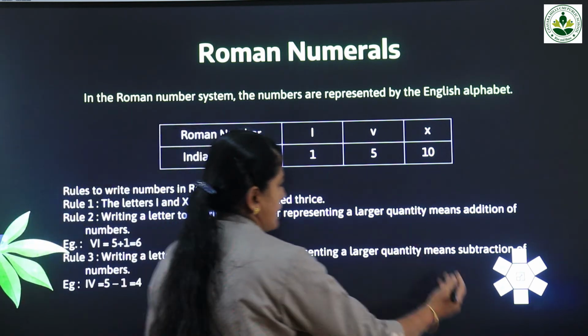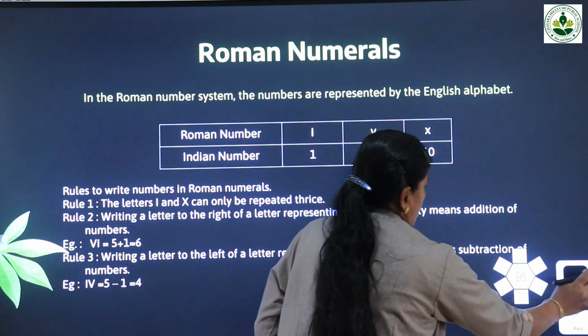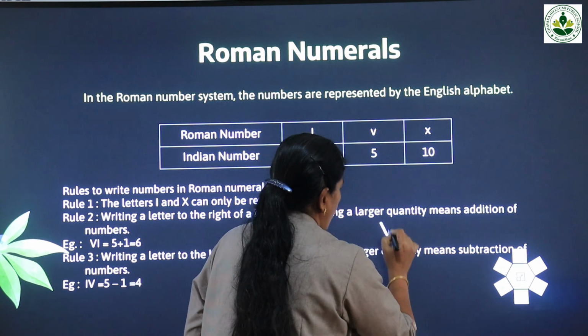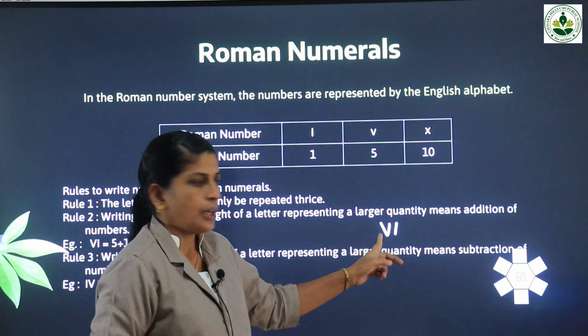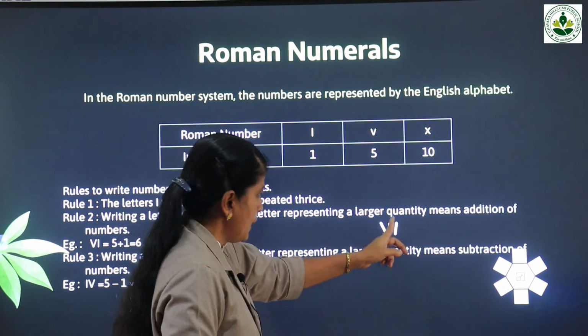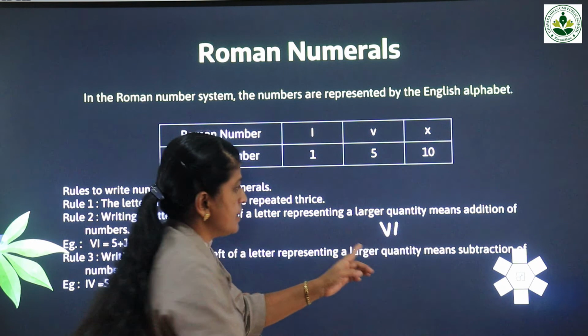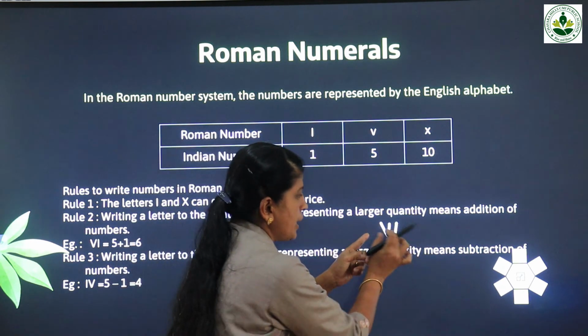For example, take small numbers. You all know what this is. This is 6, no? Here we have written a letter to the right of a letter that has a larger quantity. This I has a small quantity. I means 1 only, but this V means 5.